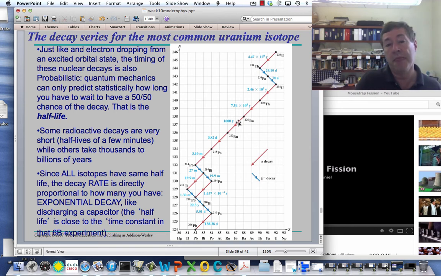But anyway, it's just the calculus of a process which is proportional to the number of atoms in the process. So as the number of atoms goes down, there are going to be fewer decays because there's less waiting around to decay. So it exponentially decays, and you can measure that by the characteristic time constant, the half-life.